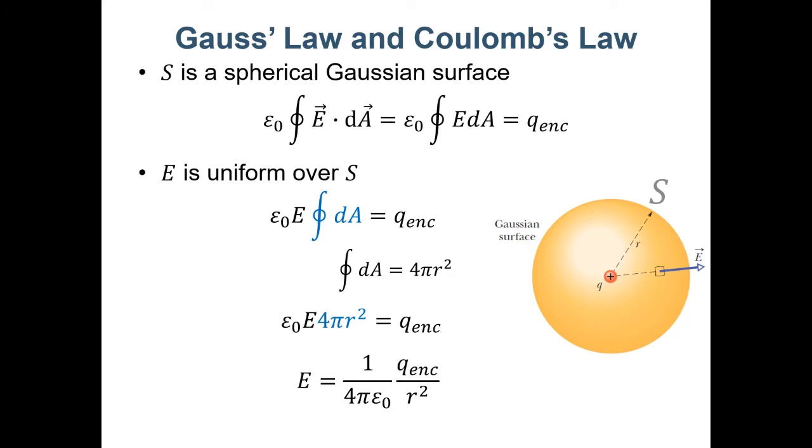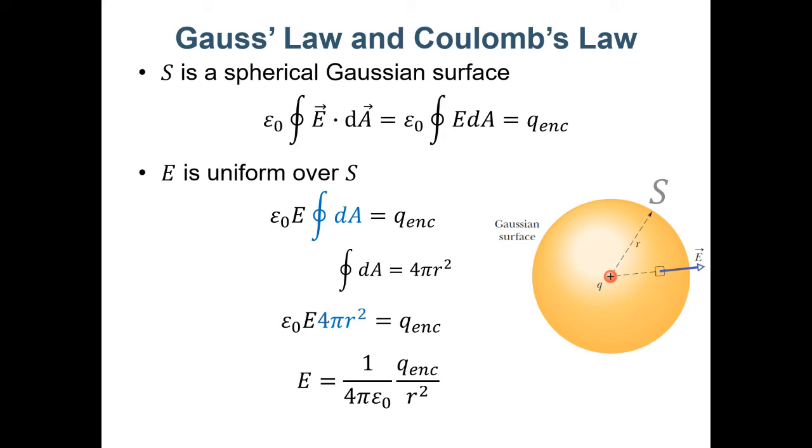Okay, so actually I'll tell you that Gauss law is compatible with Coulomb's law. In chapter 21, we learned Coulomb's law, which quantifies the electrostatic force between two charged particles. And in chapter 22, we know that we don't really need to consider the electrostatic force. We only need to consider a charged particle.